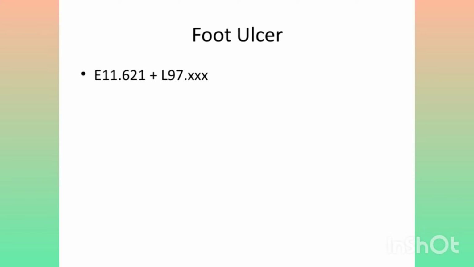What's important to understand is that foot ulcers are a serious complication of diabetes. They can lead to infections, hospitalization, and in severe cases, even amputations if not managed properly. Recognizing these codes helps us document and track these cases accurately, ensuring patients receive targeted treatment.